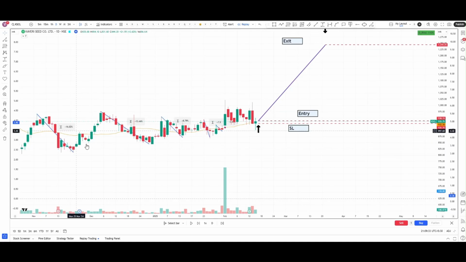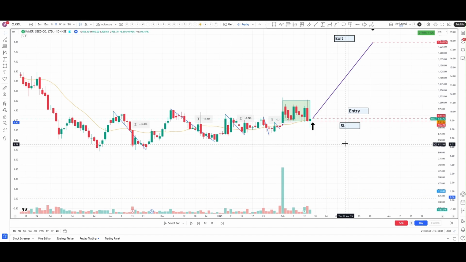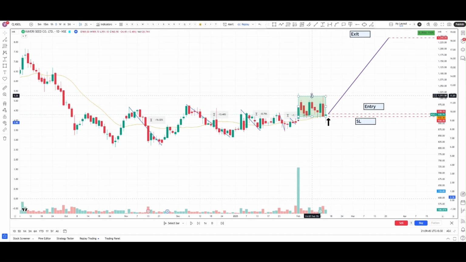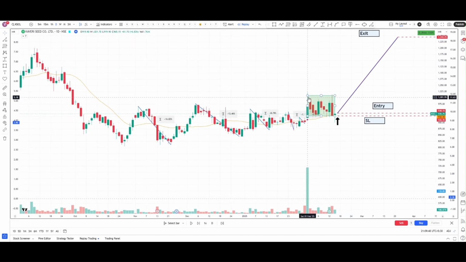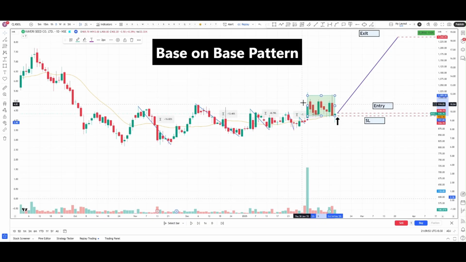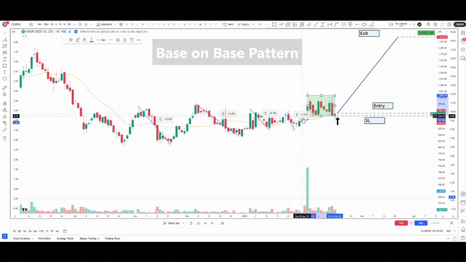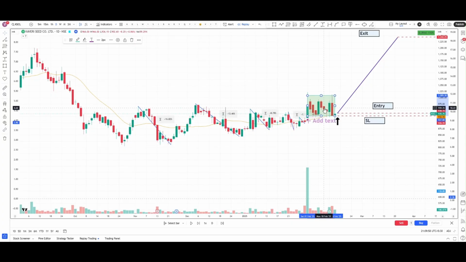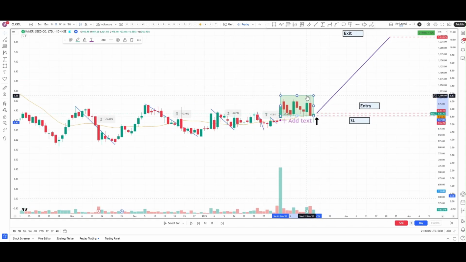After this volatility contraction pattern, the second thing I noticed was that the stock started moving in a range and making a smaller base. So this is a base over a base, a base on base pattern. Whenever there is a base on base pattern, it shows that the stock is being accumulated heavily, which is a positive sign.